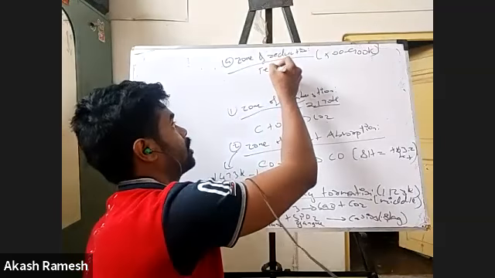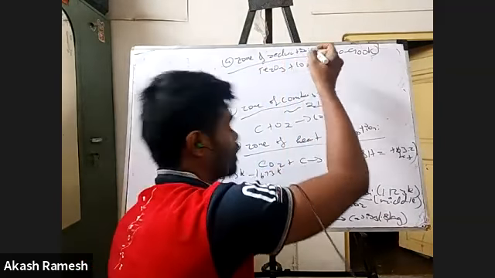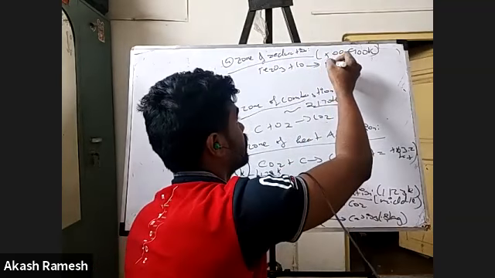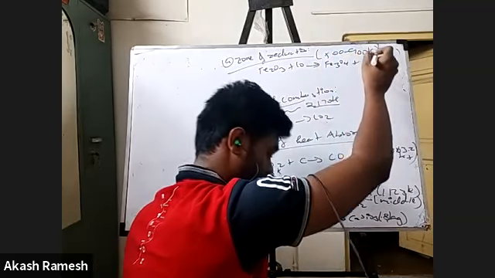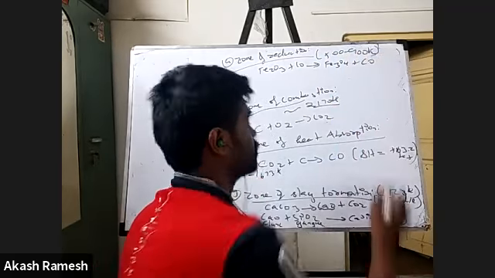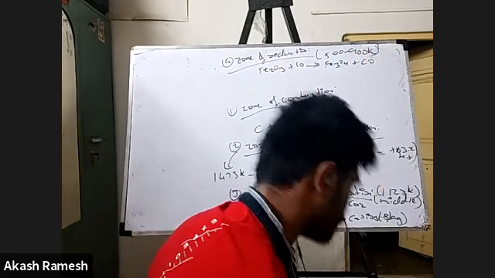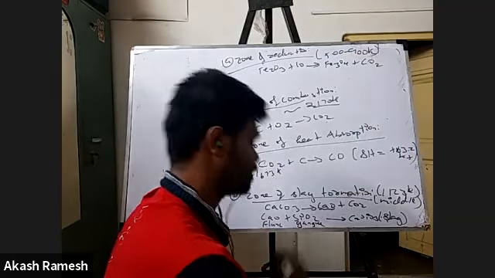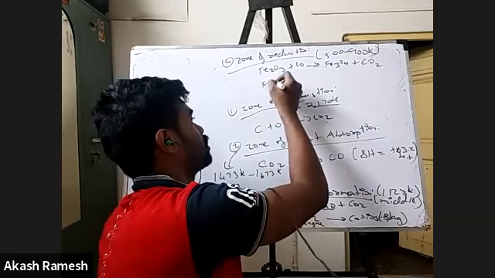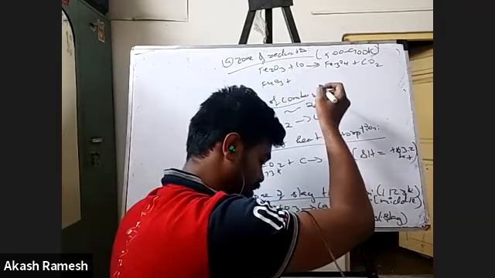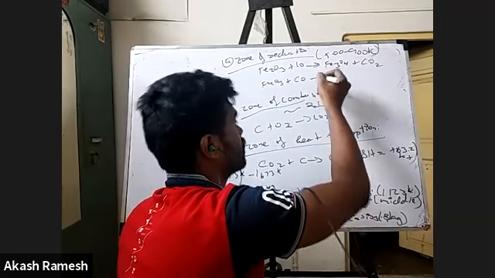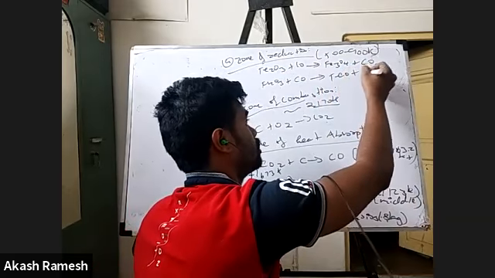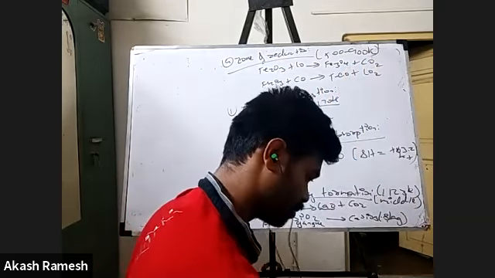You have Fe2O3 reacting with carbon monoxide to form Fe3O4 plus CO2. Another reaction can be Fe3O4 plus CO giving FeO plus CO2.